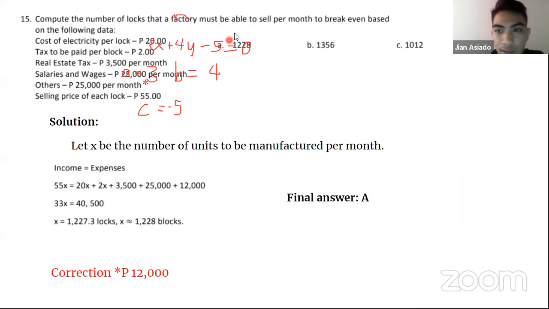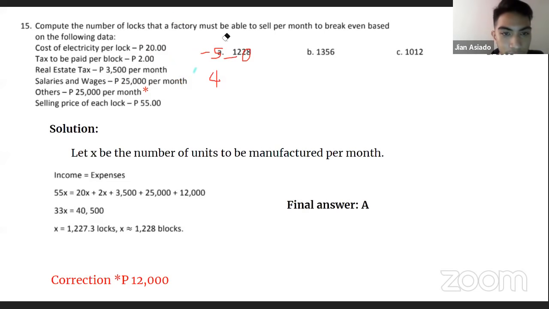And then for number 15 naman, complete the number of locks. So dito, kailangan nating tingnan yung cost na dependent sa number of locks na mabibenta. This is lock, not block.